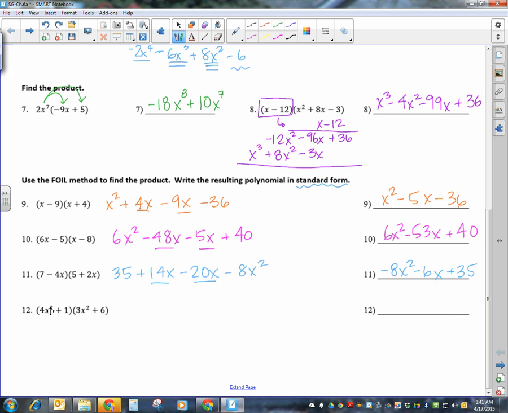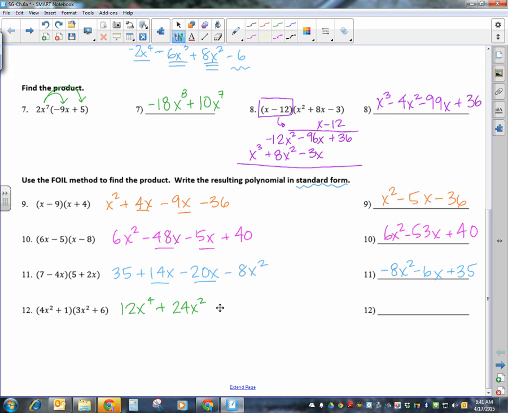Okay, and the last one of FOIL is the first terms. 4x squared times 3x squared is 12x to the fourth, because an x squared and an x squared, when I multiply those together, I add my exponents. The outside term is 4x squared times 6, which is 24x squared.